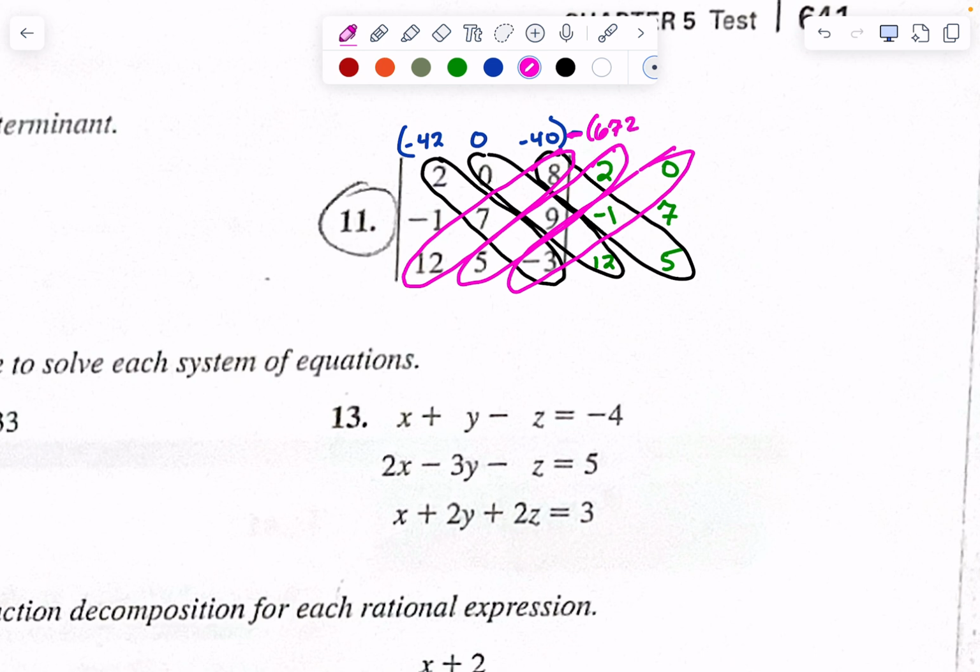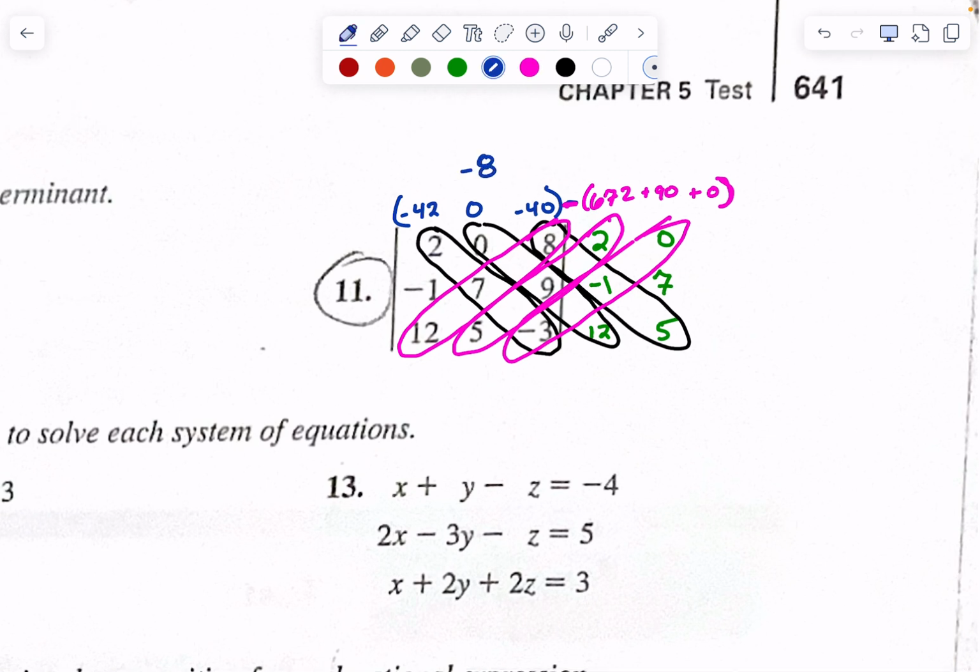Did you get a really big negative number? Yes. Really big. Negative 844. Yep.